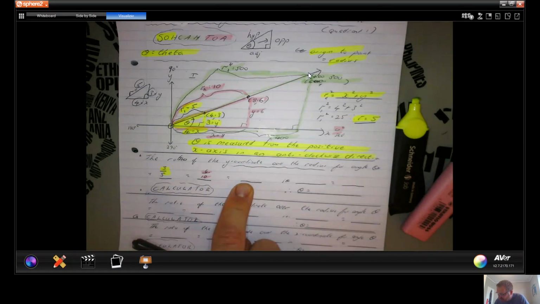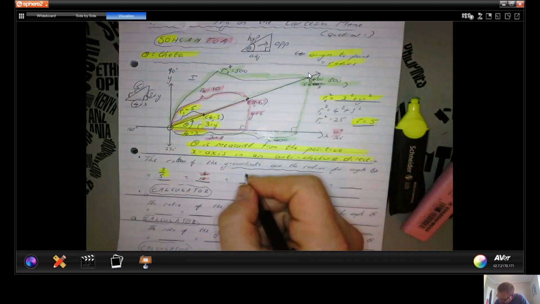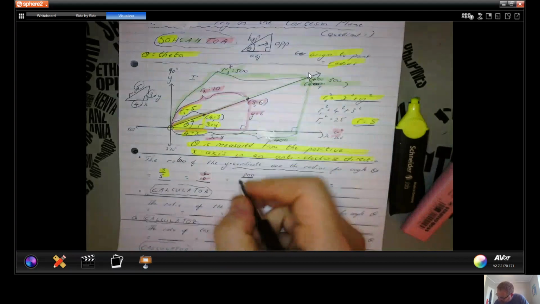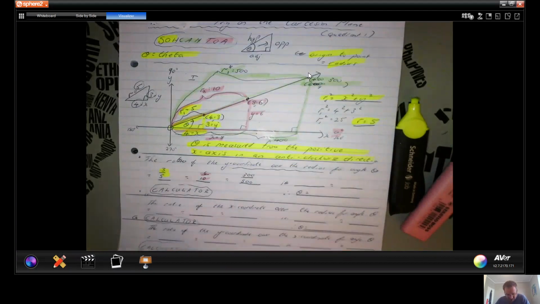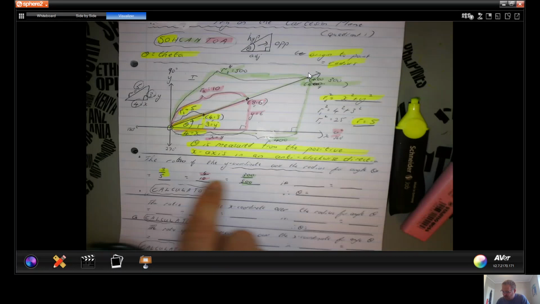Now, if I look at the green triangle over here, Jemana, what's the y-coordinate there? It's 300, and the radius is 500. Now, if you simplify all of those ratios, 6 over 10 simplifies to 3 over 5. 300 over 500 in simplified form is 3 over 5.